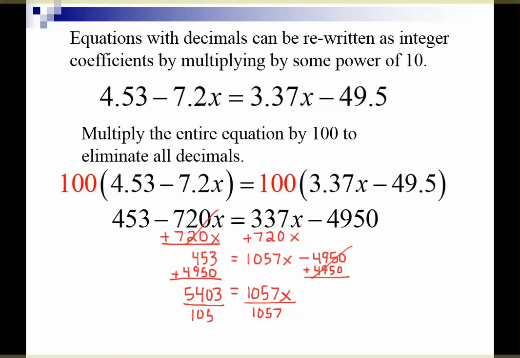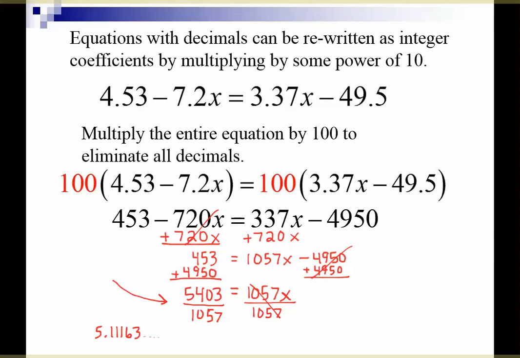And this is the part that you probably can't do mentally, right? You're going to need to get your calculator involved for this guy. So I believe when you type this in, you end up with something like 5.11163 and some other stuff.